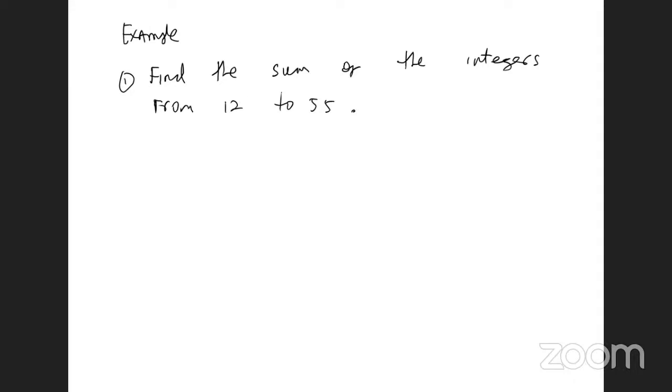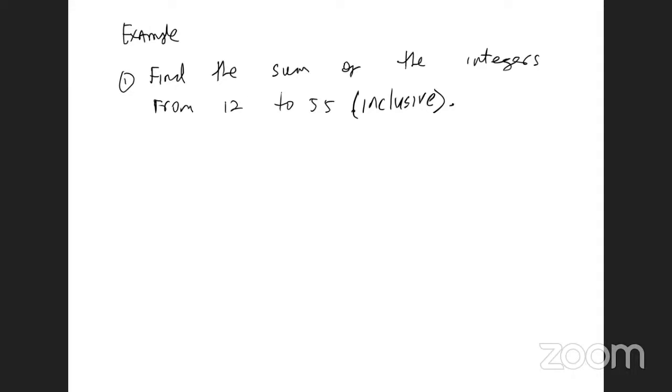You have to include 12 and 55, inclusive. Let me put inclusive. Please do write them all in the calculator. Try to use the formula and work it out. The integers from 12 to 55, find the sum.